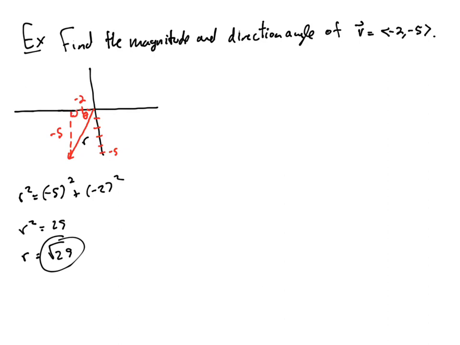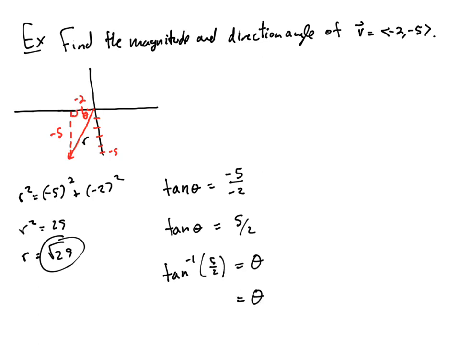And then to find that central angle theta, we're going to say tangent of theta is equal to negative 5 over negative 2. So tangent of theta is equal to 5 halves. And then what we do from there is we do tangent inverse of 5 halves is equal to theta, and we use the calculator to evaluate that.